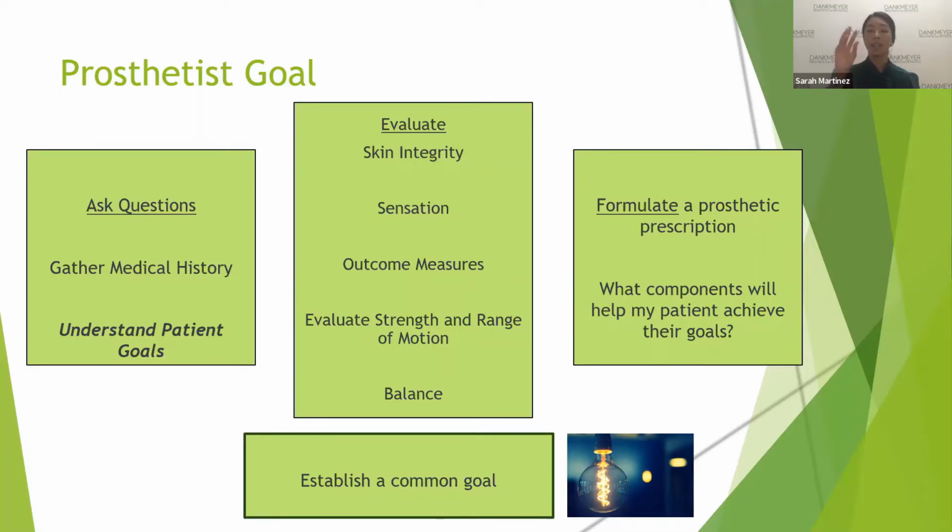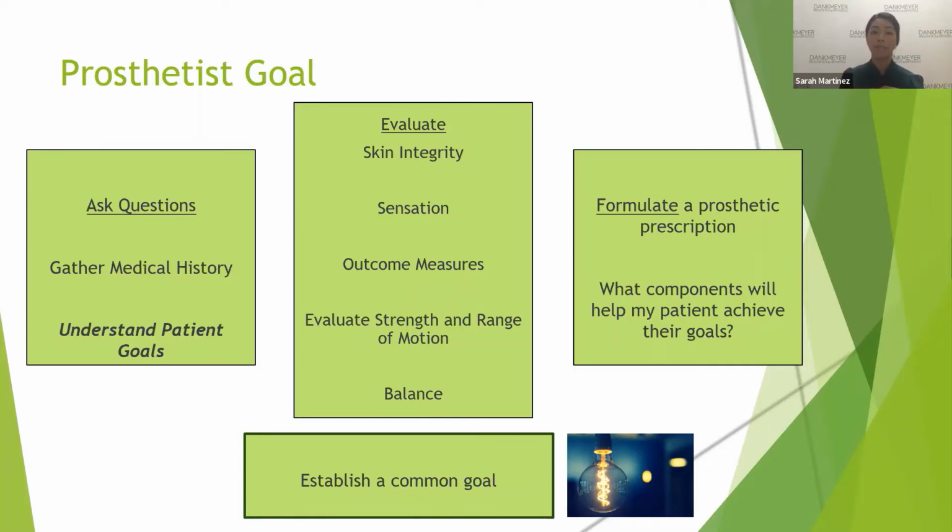So in our evaluation of the strength, the range of motion, the balance, this is all just giving us more information so that we can make that prosthetic prescription for our patients, and we can provide them with the appropriate expectations. Lastly, we're formulating our prosthetic prescription. So what components will help my patient achieve their goals?